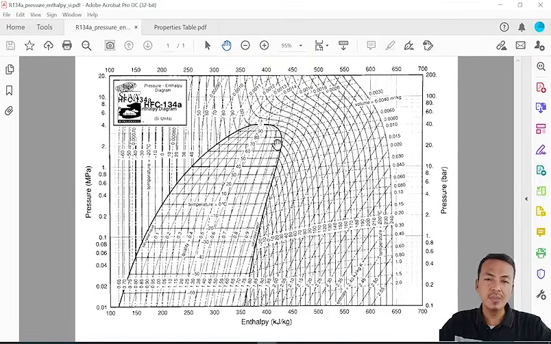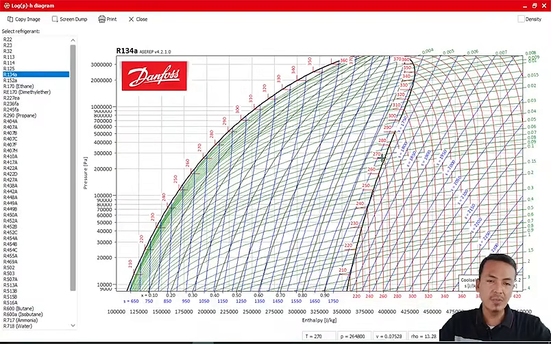The first reason is maybe the unclear lines of the scanned picture, the shrinkage of the paper, or maybe also unclear data. And the second one is the reading error. Reading manually from the Danfoss log pH chart will also give you several errors.